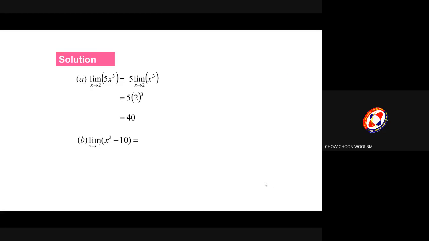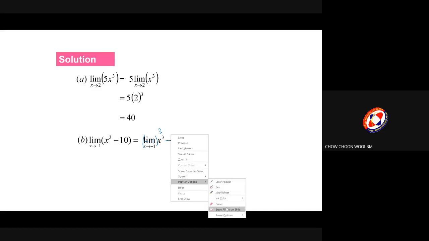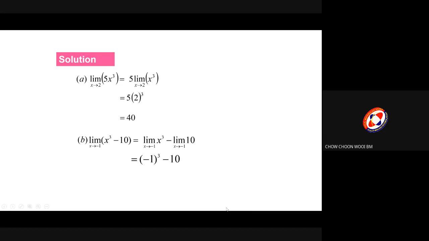So, limit x cube minus 10 as x approaches negative 1. Berapa nilai kamu? So, it must be negative 1 to the power of 3 minus 10, right? Ni dia guna property lah. Tak apalah, kita tak guna pun. So, which is equal to negative 11.